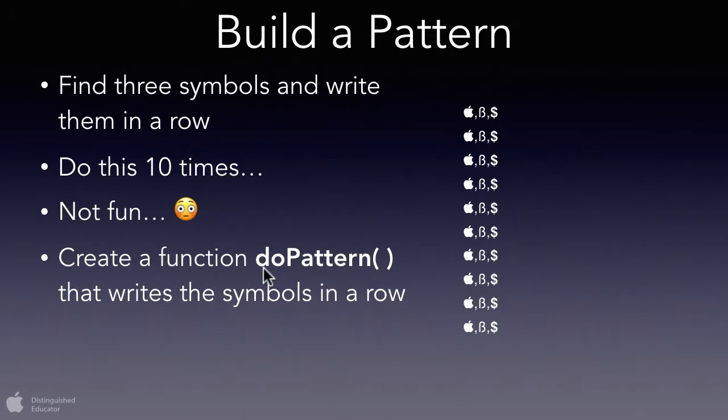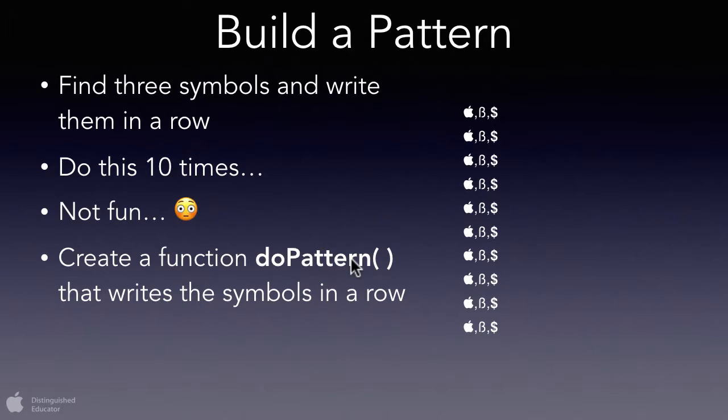So the basic idea is when you have a variable or a function or something that you want to give a name, you're not really allowed to start out with a capital letter. So you start with a normal letter. But when you have a new word, like in doPattern, you put a capital letter inside. So that's an easy way to be able to read the names in a good way.